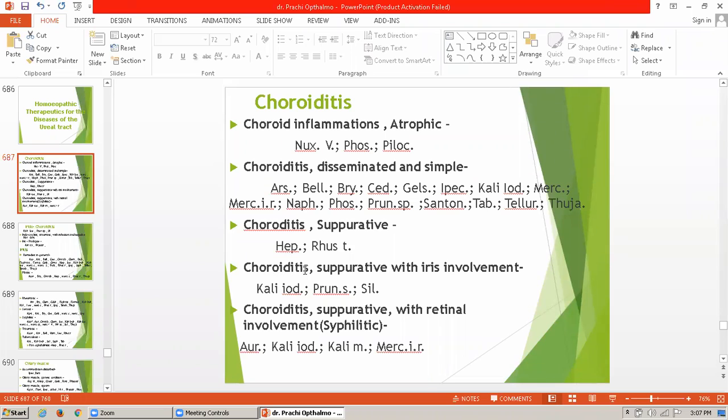When choroiditis is suppurative with iris involvement, then Kali iodatum, Prunus spinosa, and Silicea can be used. When choroiditis is suppurative with retinal involvement, that is syphilitic, then Aurum metallicum, Kali iodatum, Kali muriaticum, and Mercurius iodatus ruber are used.